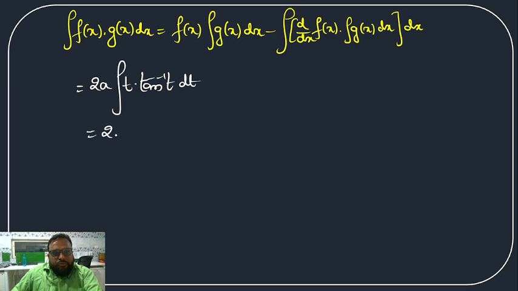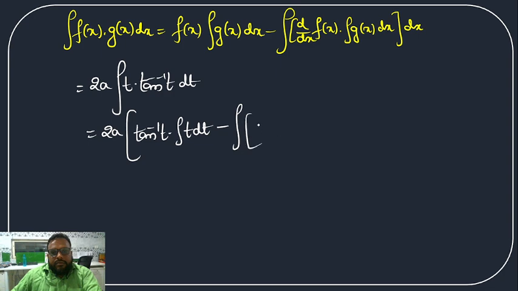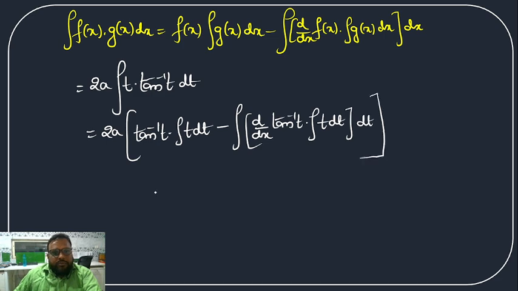I will write this as 2a into, okay, this complete simplification we will write in this form: tan inverse t into integration of t dt, minus integration of derivative of tan inverse t into integration of t dt, whole dt. This is what we have.